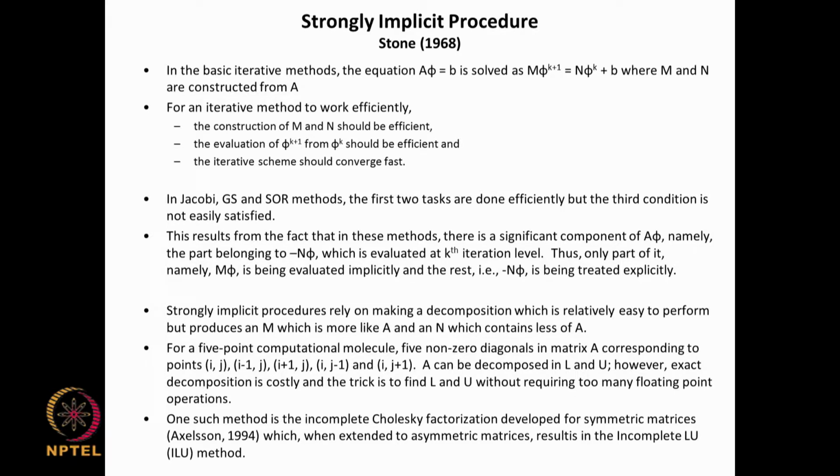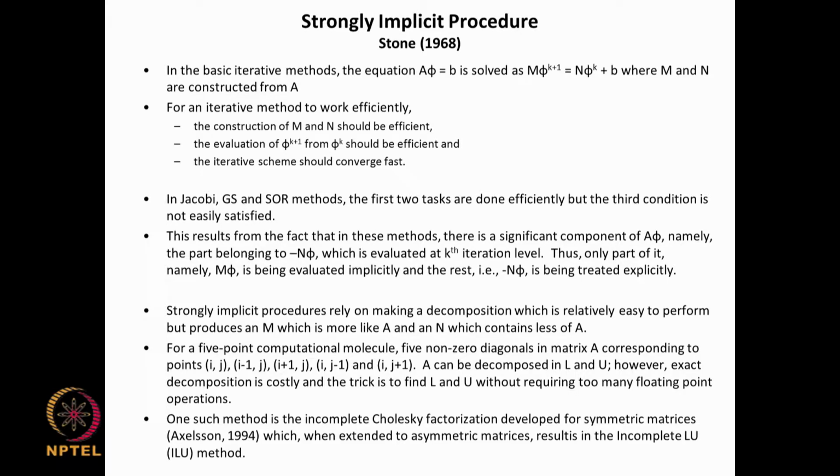And for this type of iterative method to work efficiently, the construction of M and N should be efficient. The evaluation of phi k plus 1 from phi k should be efficient, and the iterative scheme should converge fast. These are the criteria that we laid out a few lectures ago, and we would like to recollect that.